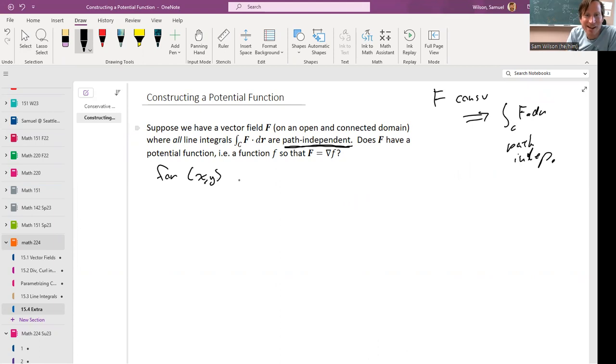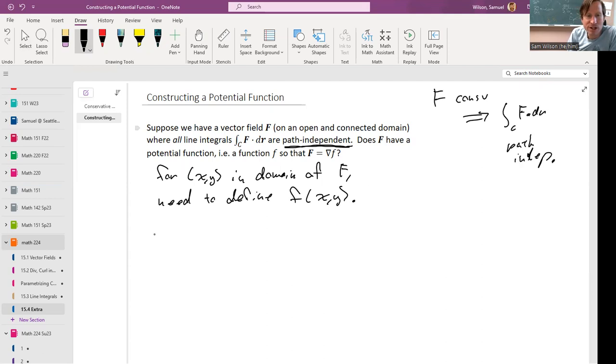So what we need to do is, for x comma y in the domain of capital F, define little f of that point. And this is the hard thing.